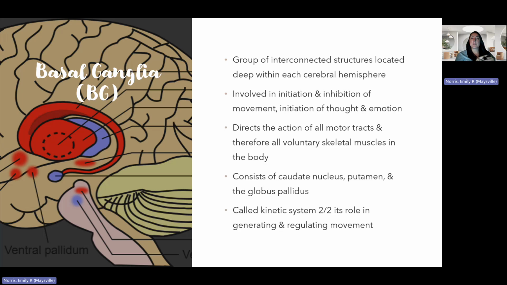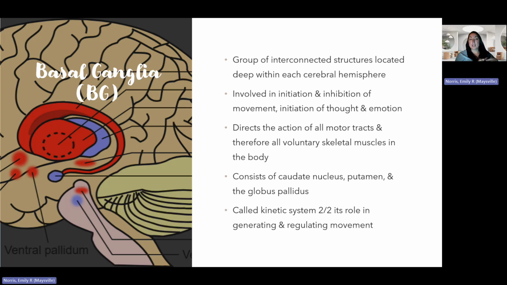They are located deep within the cerebral hemisphere, and they are involved in initiation and inhibition of movement, and initiation of thoughts and emotions. The basal ganglia help direct the actions of motor tracts and therefore all voluntary skeletal muscles in the body. Consists of the caudate nucleus, the putamen, the globus pallidus, and it's called the kinetic system because of its role in generating and regulating movements.